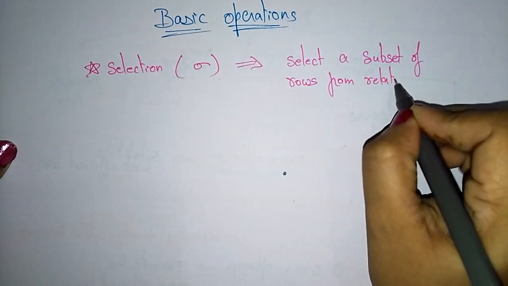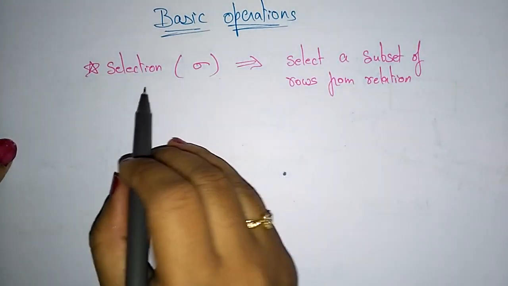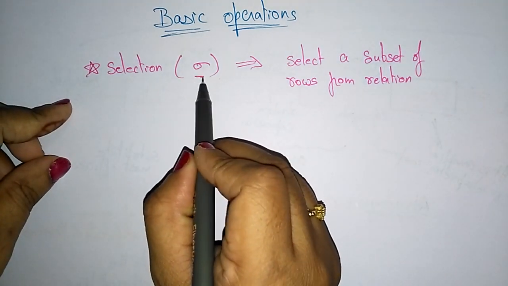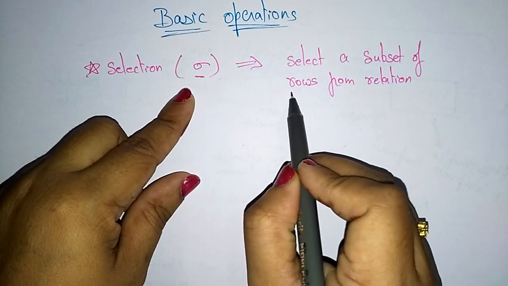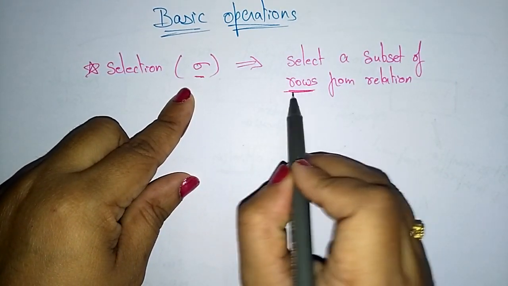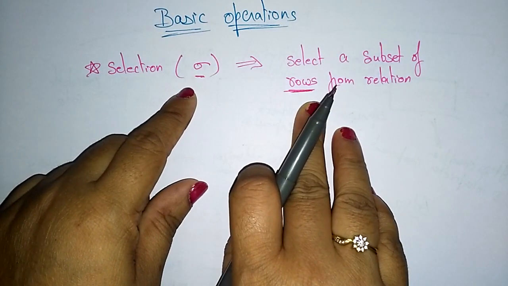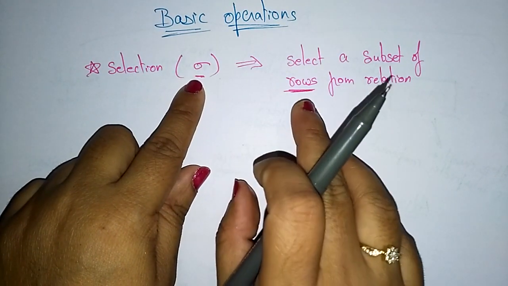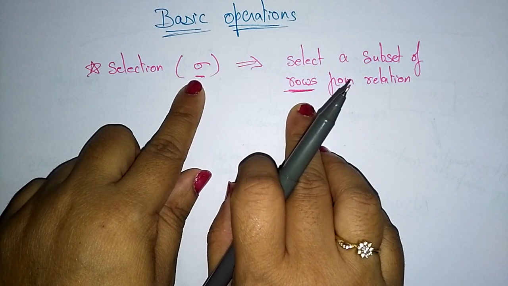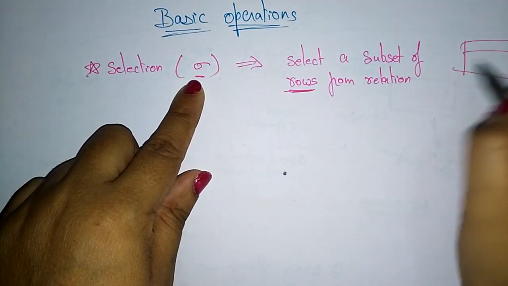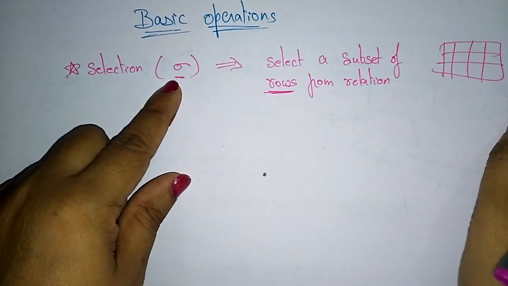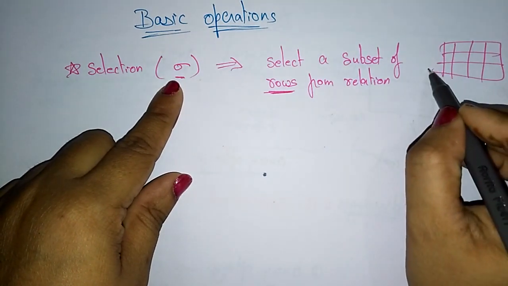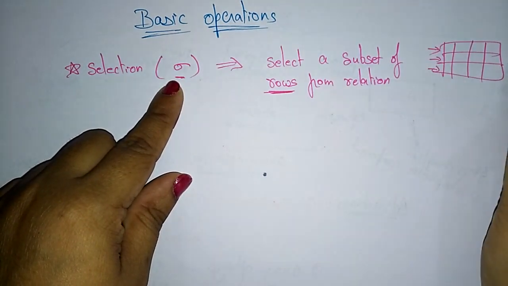You have to remember the main use of this operator: it selects only the rows in the relation. A relation is nothing but a table, a table consisting of rows and columns. So this operator will select only the rows.